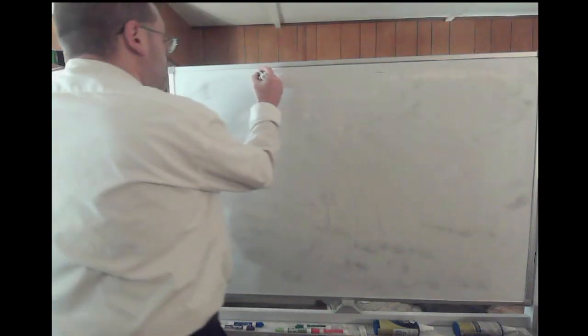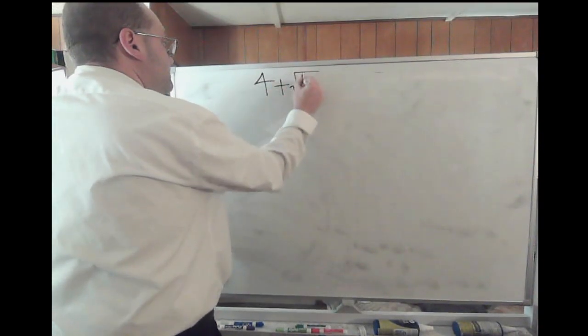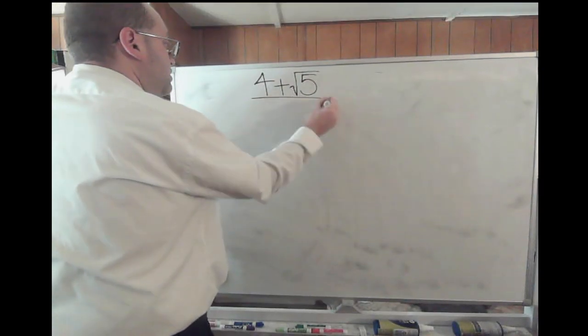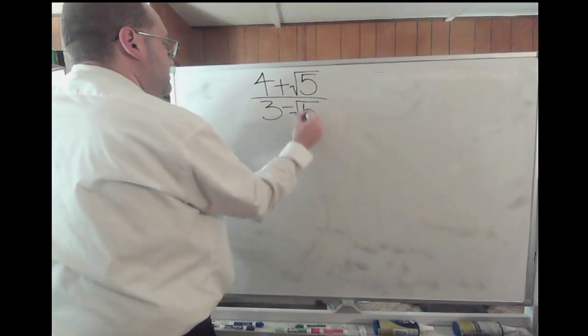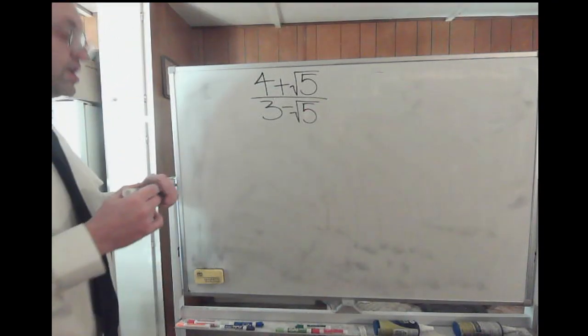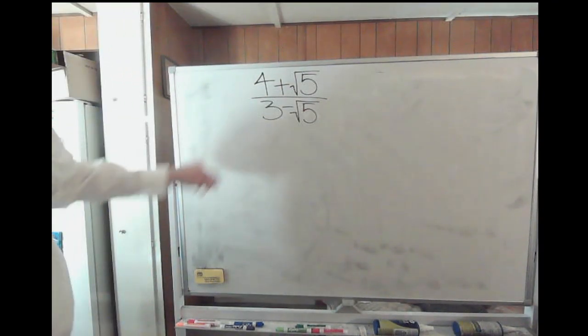Okay, do a few more here. We have 4 plus the square root of 5 all over 3 minus the square root of 5. So now we're given 4 plus the square root of 5 all over 3 minus the square root of 5.